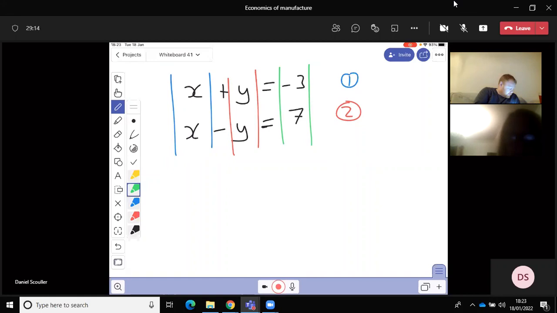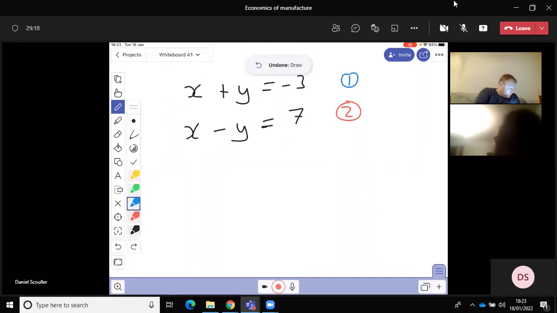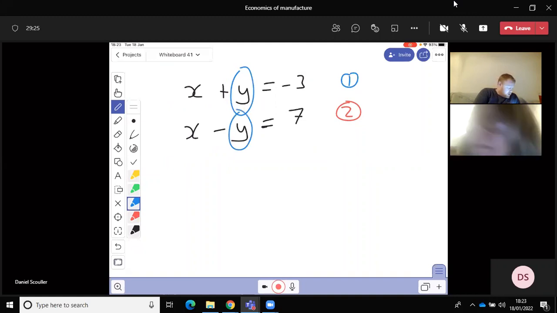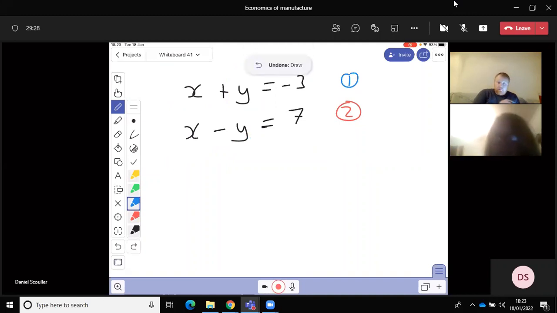How we're going to do that is we're going to make sure the number in front of the second term, in this case the y terms, is the same. Now, in this example, it's a really basic example. There should be a 1 there effectively and a 1 there, so the numbers don't change. We'll look at when numbers do change. So the numbers in front of those second terms are the same.